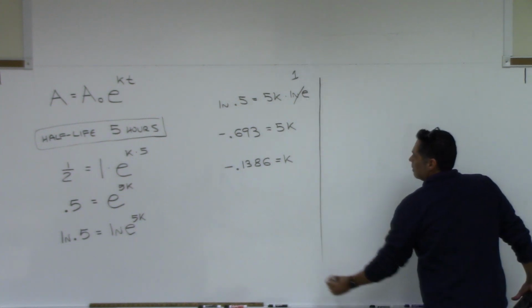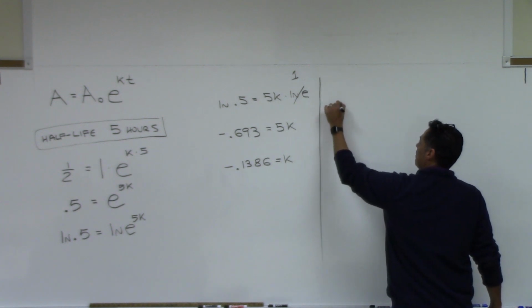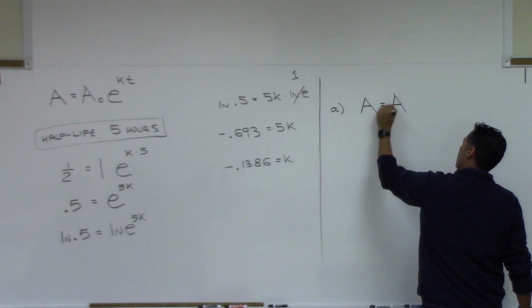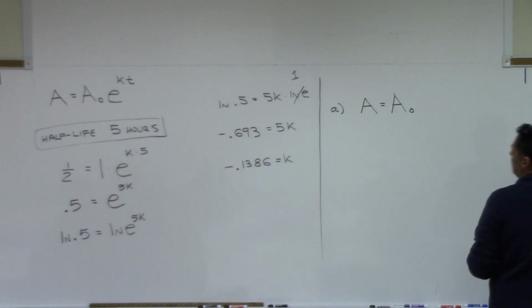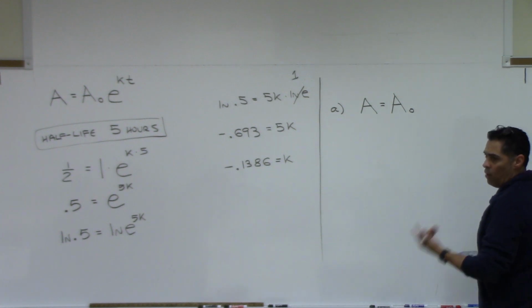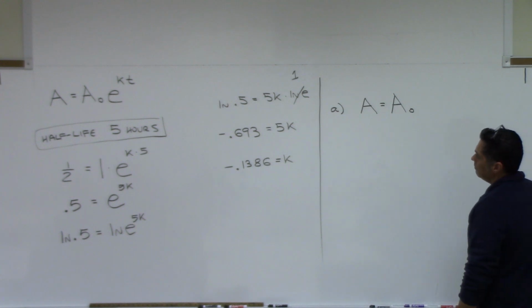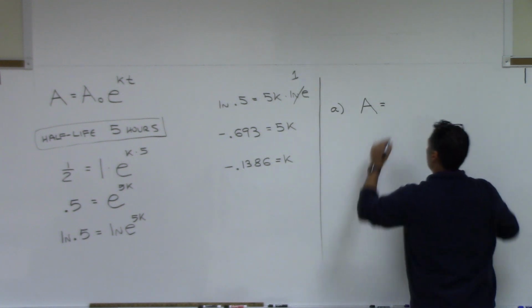So, all right, now the formula. This is going to answer part A. Part A is A equals A naught, which we can replace with 1 because you're always going to start with 100%, right? Does that make sense to you all? So let's replace that with 1.